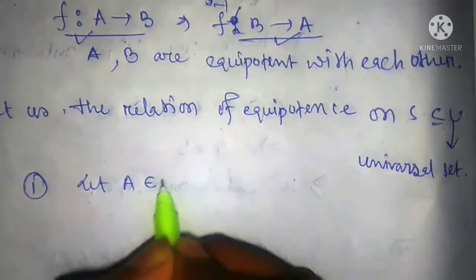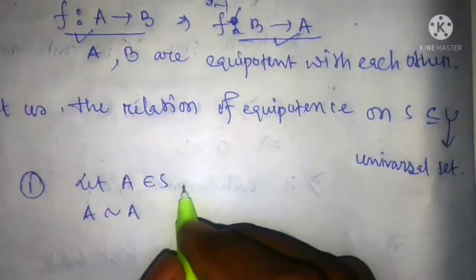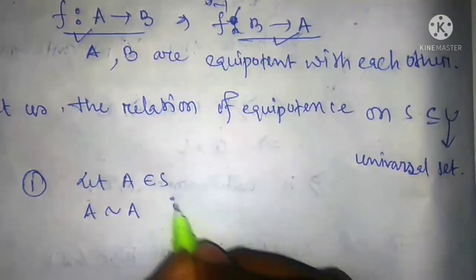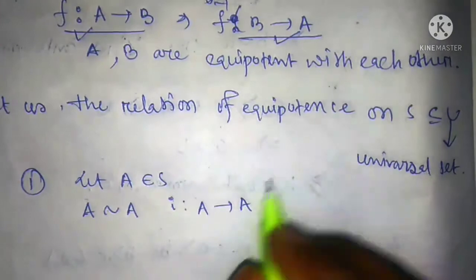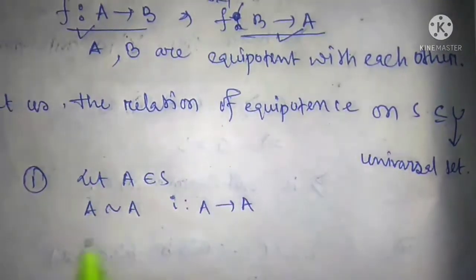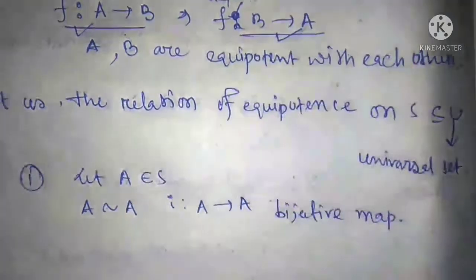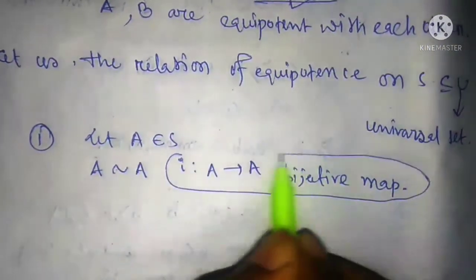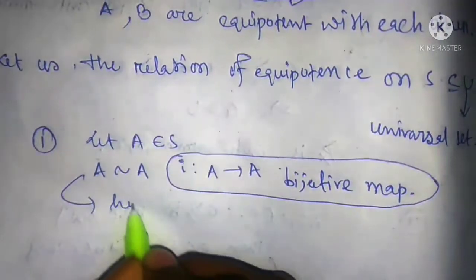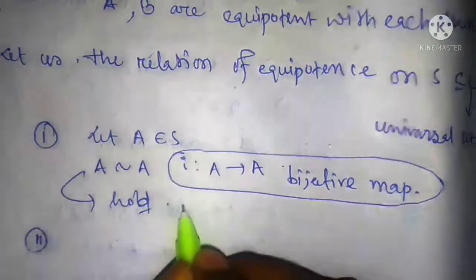Let A belong to S, and of course A is equipotent with A because the identity mapping I from A to A holds, so this is a bijective mapping. Identity mapping is always bijective, so this holds, and so it is reflexive.